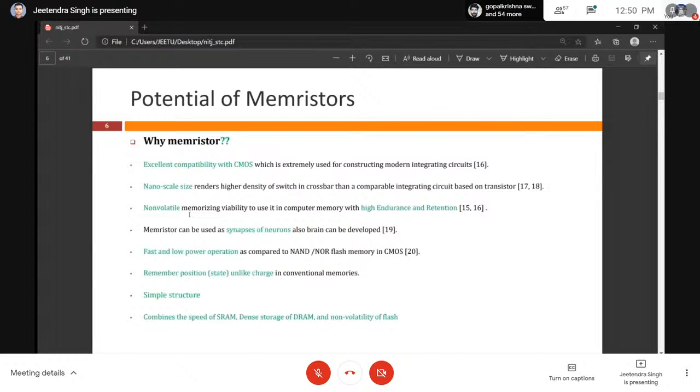But here the memristor memorizes the last resistance state, so it does not dissipate with time. When the power goes off, it stores the last resistance state, and when the power comes back, it will start from the same position.